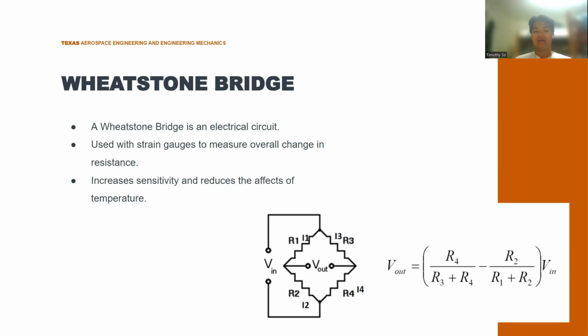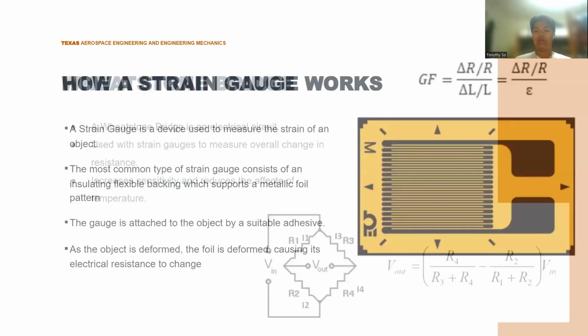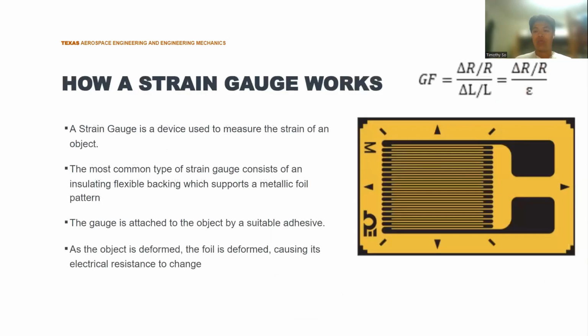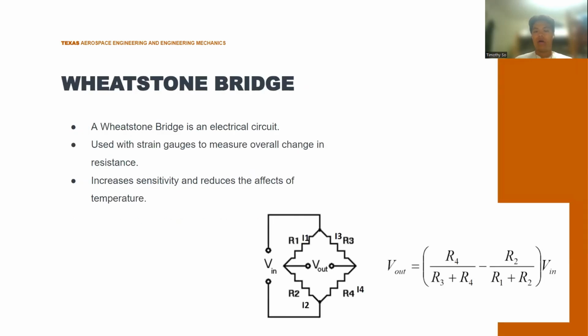Using this equation, the change in R4 over the original resistance reading will get you your strain if we know the gauge factor GF. This is good because it increases the sensitivity of the strain gauge by amplifying the differences of the resistance, and that also eliminates noise and reduces the effect of temperature on the strain gauge.